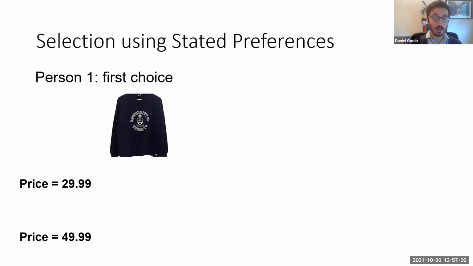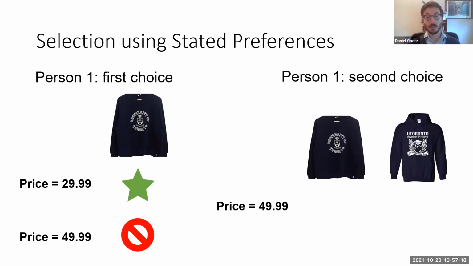So if we look at our sweater example again, we have person one, and we're asking them a ton of questions. The first question is, would you buy this sweater at $29.99? Would you buy it at $49.99? At $29.99, they say yes. At $49.99, they say no. Second choice, we're comparing two different sweaters at the same price.